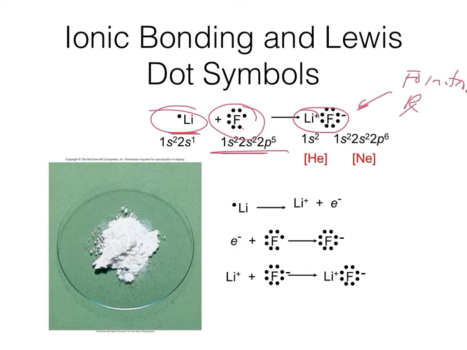Now we can actually write this stepwise. The first step is lithium, as a metal, has to lose an electron. So, you write it as a reaction. Lithium becomes lithium cation plus an electron. Fluorine has to gain an electron. The electron plus the fluorine atom makes the fluoride ion.